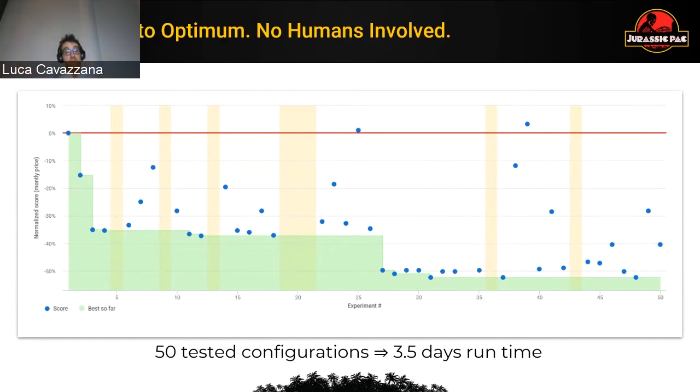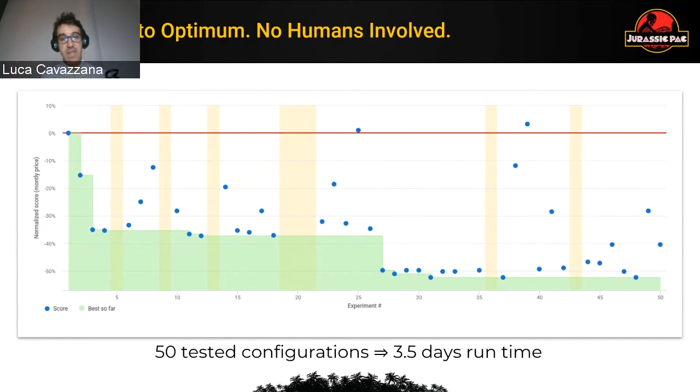We performed 15 different tests on 15 different configurations for an overall runtime of almost 4 days. And the dots that you are seeing here are the relative scores of the performed tests. We let the application run and then compute the cost that we will have at the end of the month using that specific configuration.